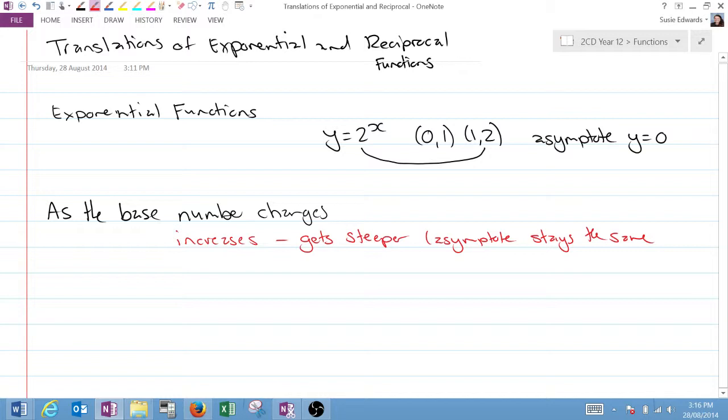And if it becomes a decimal, it's reflected in the y-axis. Okay, and still the asymptote stays the same.